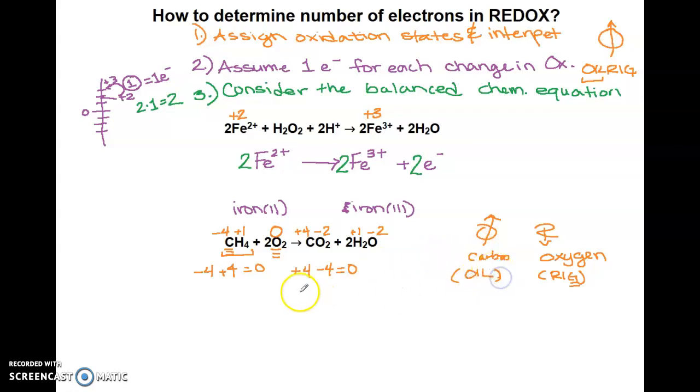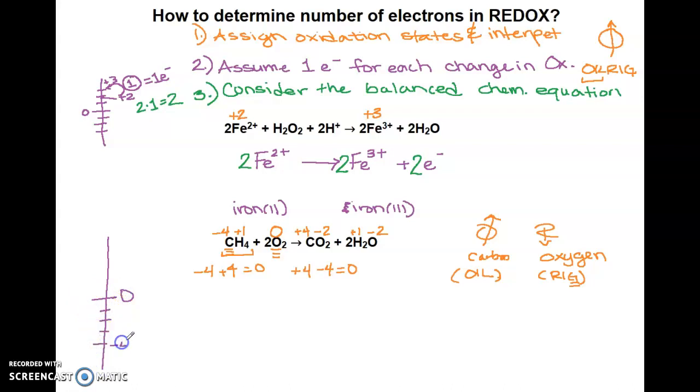So let's determine then how many. Step 2, assume one electron for each change in oxidation state. And you guys can probably do this right in your head, but just in case, or even just for my own mental, let's start with carbon.